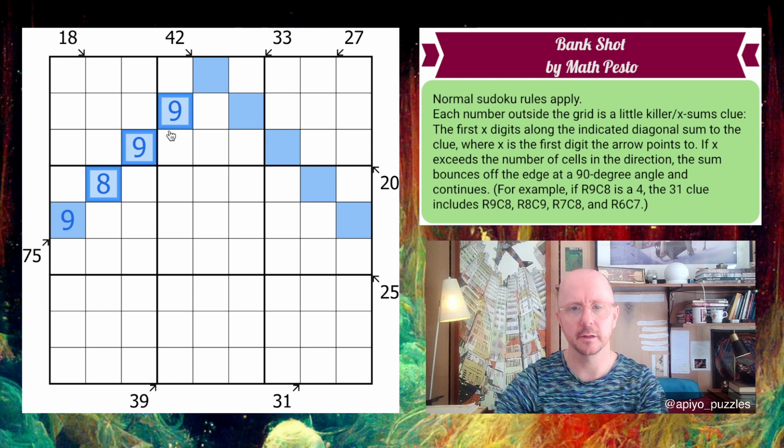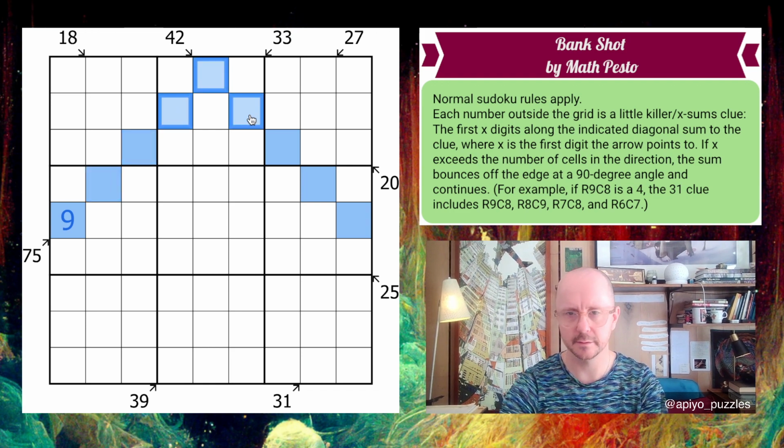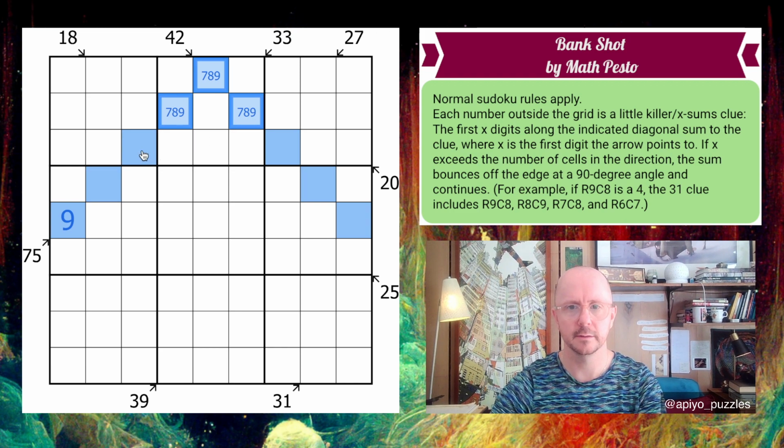Feels like we can't go too low though. We are having to get to a very large total. Actually, let's consider that for a second. The maximum these can be is 24. The maximum you could put here is 8, 9, and the maximum you could put here would actually be an 8 because of this 9, and then a 9 over here, and then an 8 over here. If I did that exactly, I'd get 9, 8, 9, 8, that's 34.